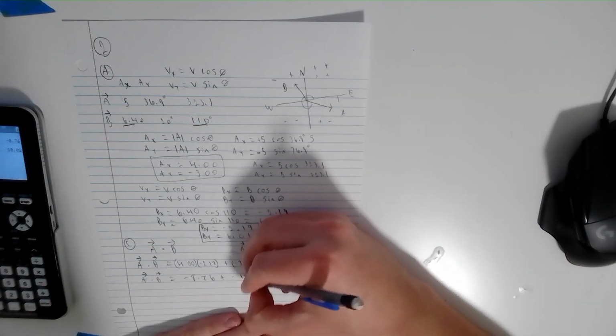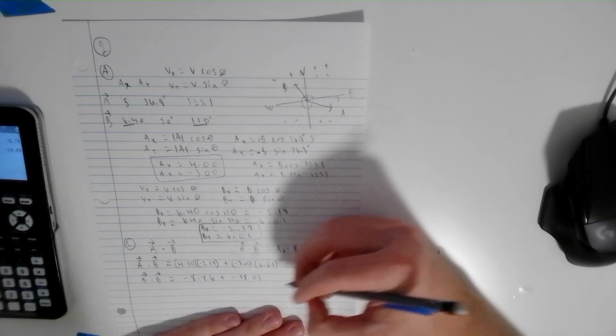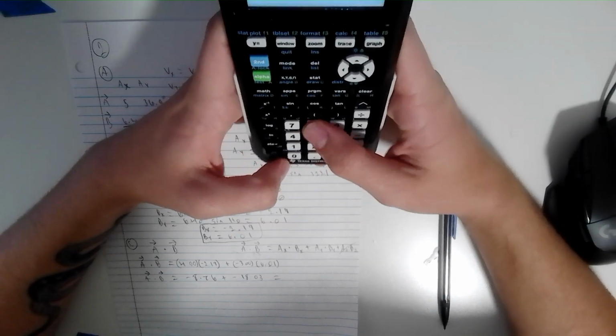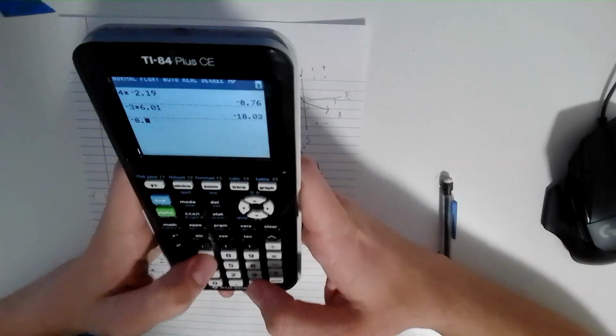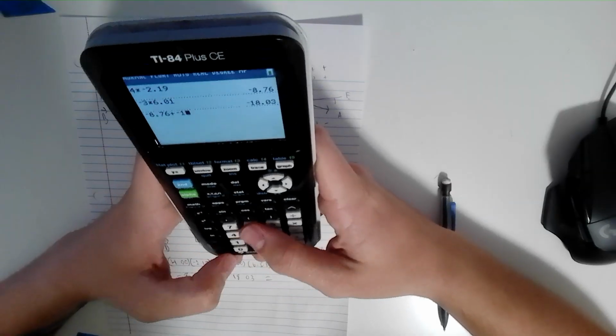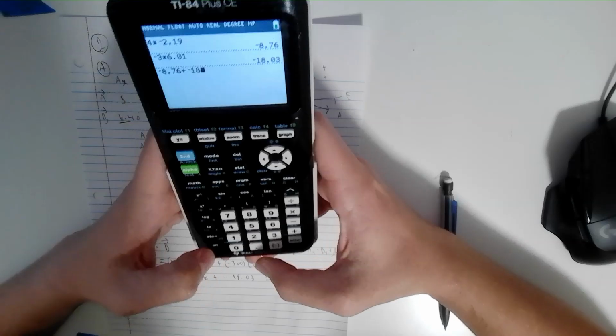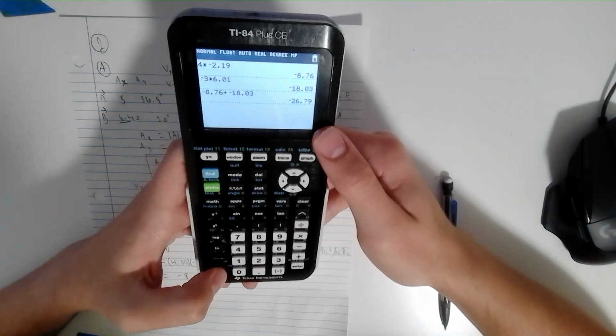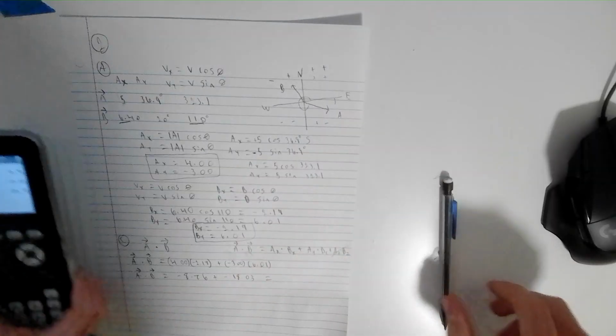And then if we just solve that, negative 8.76 plus negative 18, or just minus 18.03, we're going to get negative 26.79.